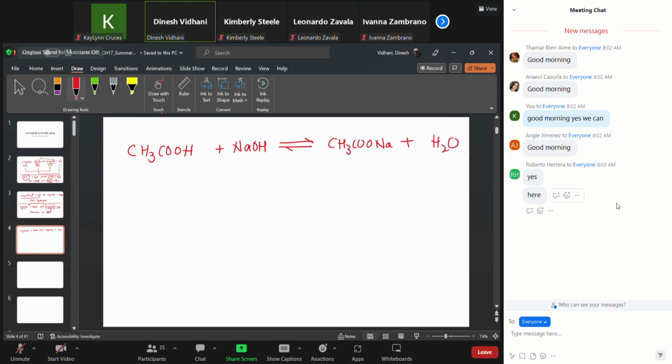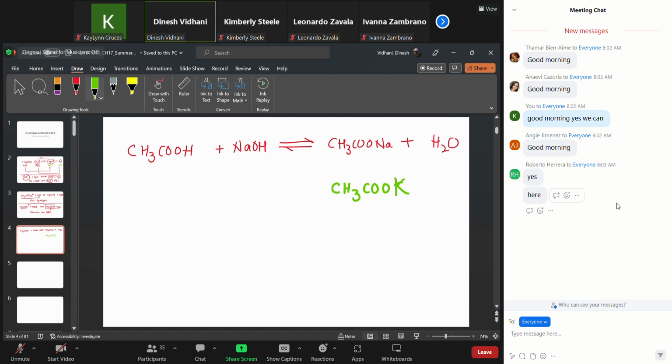Now, suppose instead of adding sodium acetate, how about I add potassium acetate? It looks so strange, right? It's not cook, actually COOK. So if I add potassium acetate in this equilibrium from outside, what would happen?